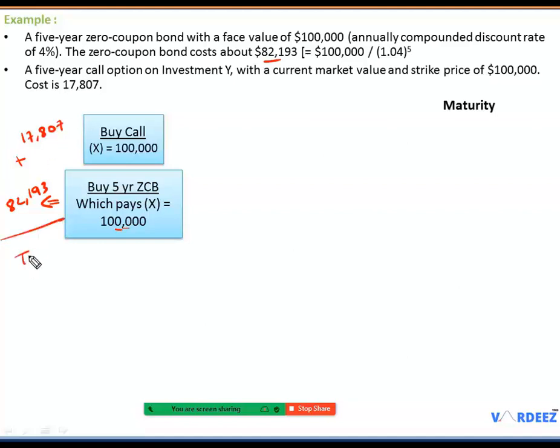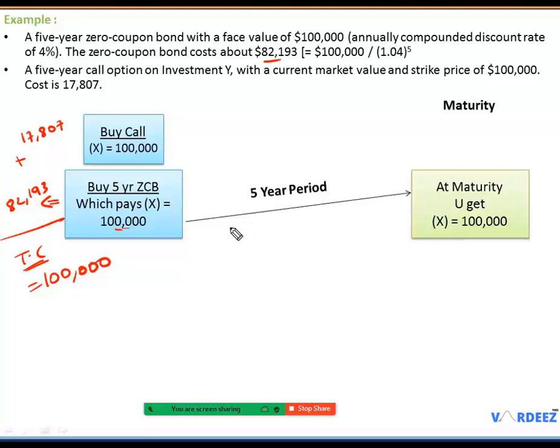So the total cost is again $100,000. This is my total cost. Now let's look at the maturity. At maturity, this 5-year zero coupon bond is going to pay you $100,000. So your principal, the money that you needed for any purpose, is protected. That's the first thing.